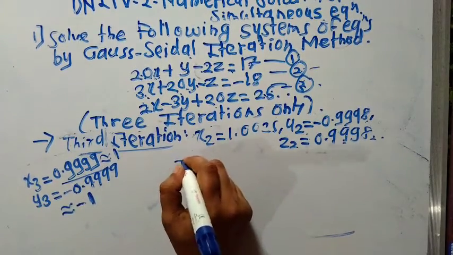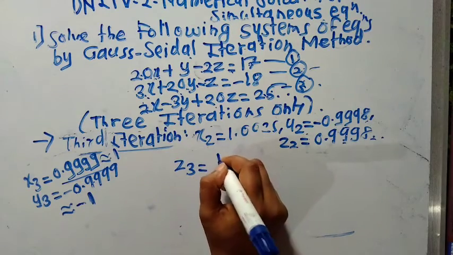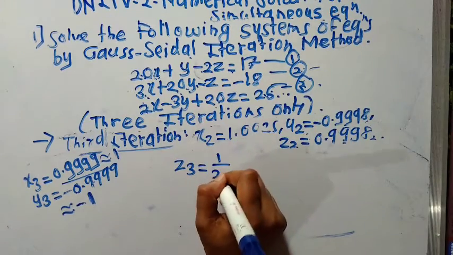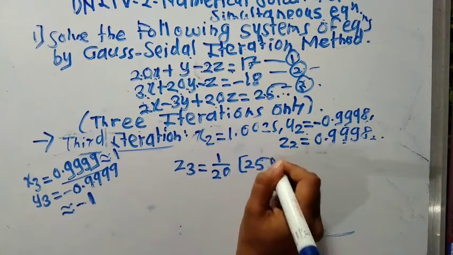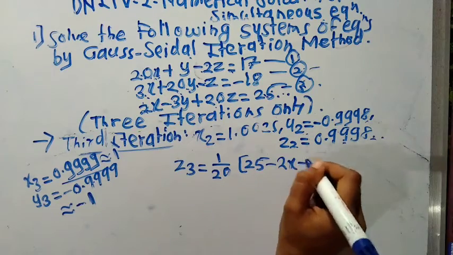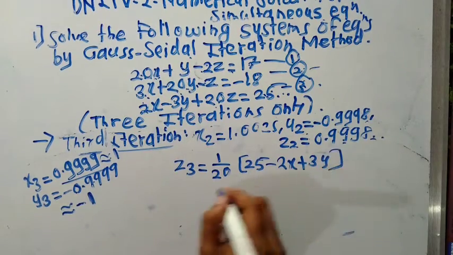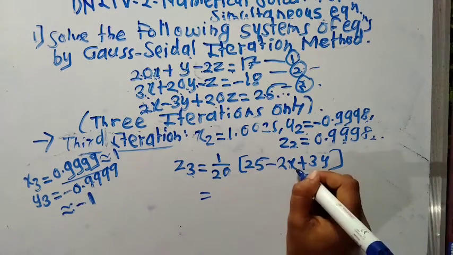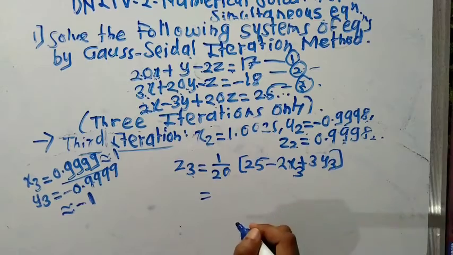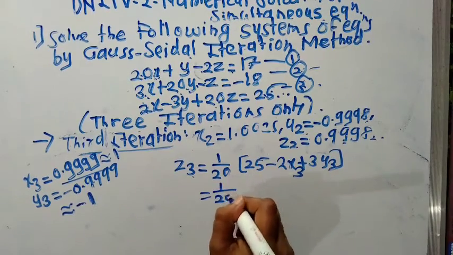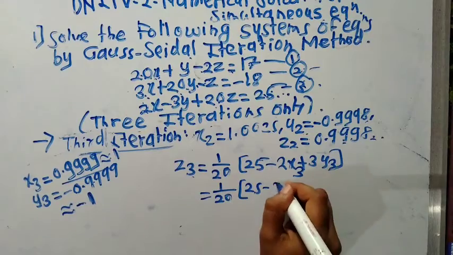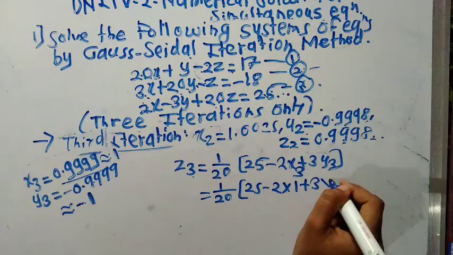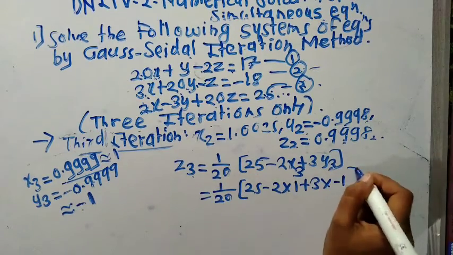So find out z3, which is equal to 1 divided by 20, 25 minus 2x plus 3y. So here x3 and y3. So 1 divided by 20, 25 minus 2 into x3 is 1 and 3 into y3 is minus 1.